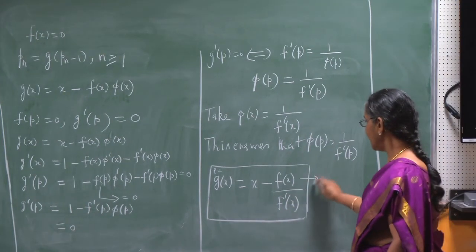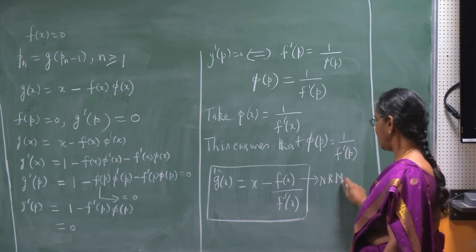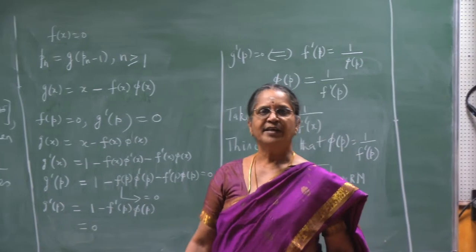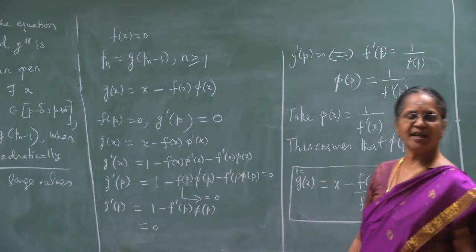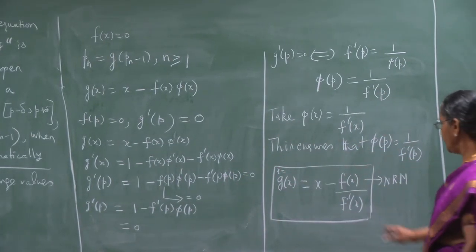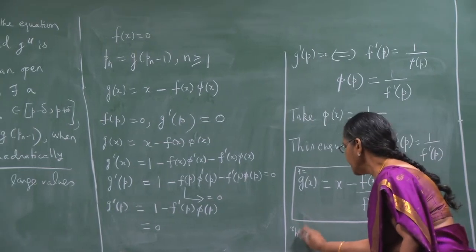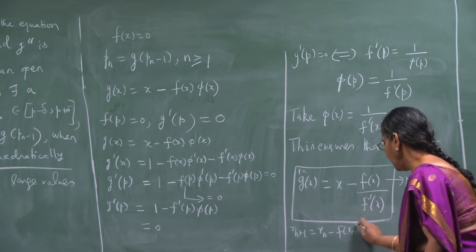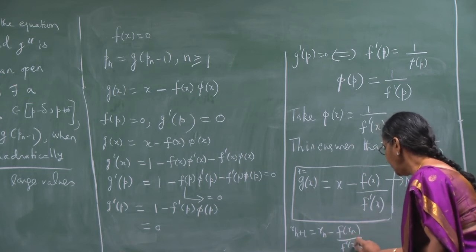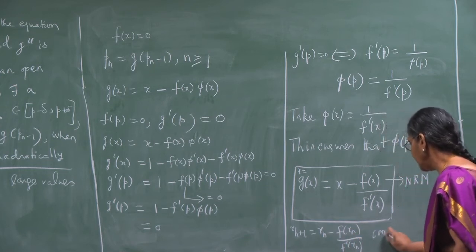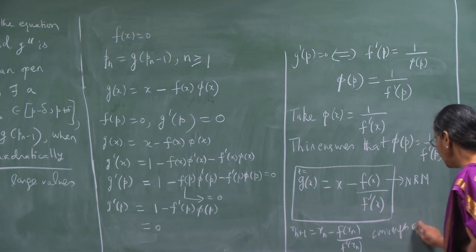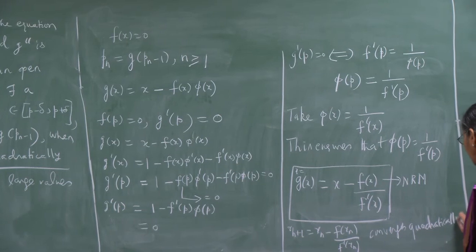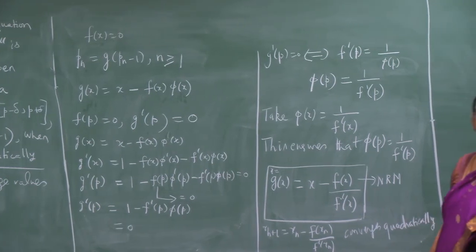So, this is essentially the Newton-Raphson method, and we have already established the order of convergence of Newton-Raphson method, namely the method x n plus 1 equals x n minus f of x n divided by f dash of x n converges quadratically. Namely, it has order of convergence equal to 2.